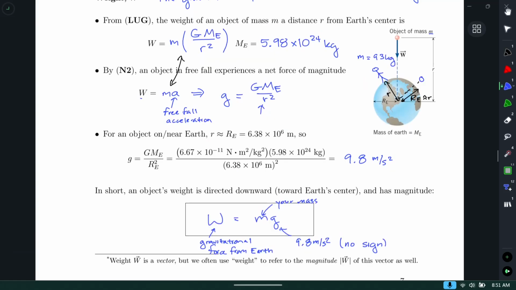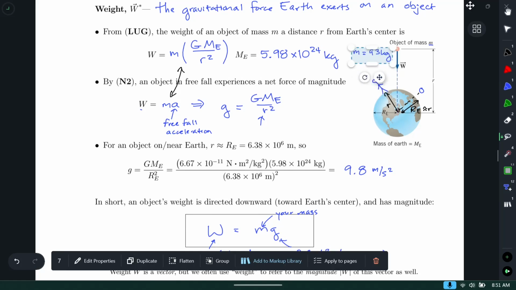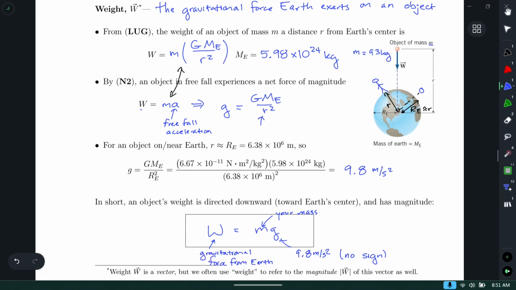All right, so let's do that for my mass up here and see what we get. So my weight would be that mass times G. So 93 kilograms times 9.8.